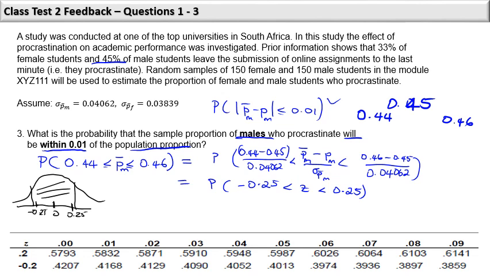Because your Z gives you lower tail probability, when you go to 0.25, you get the area going all the way down, and when you come to negative 0.25, you get that area going all the way down. But this is the piece that you are looking for. So what you will do is take this and subtract what you don't want.